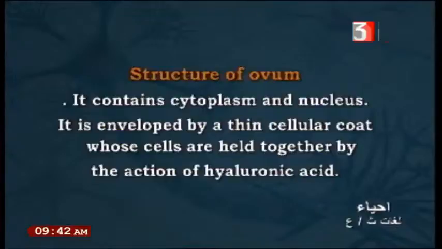What is the ovum? The ovum is produced from the ovary, and it is like any cell. Ovum and sperm are cells which contain a haploid number of chromosomes. Also, the structure of any cell must include a membrane, cytoplasm, and a nucleus. The ovum contains a cell membrane, cytoplasm, and a nucleus, and the sperm also has a nucleus.